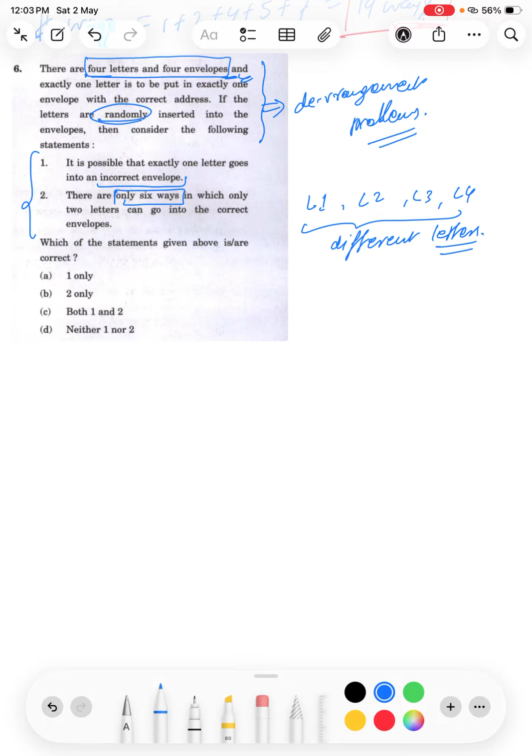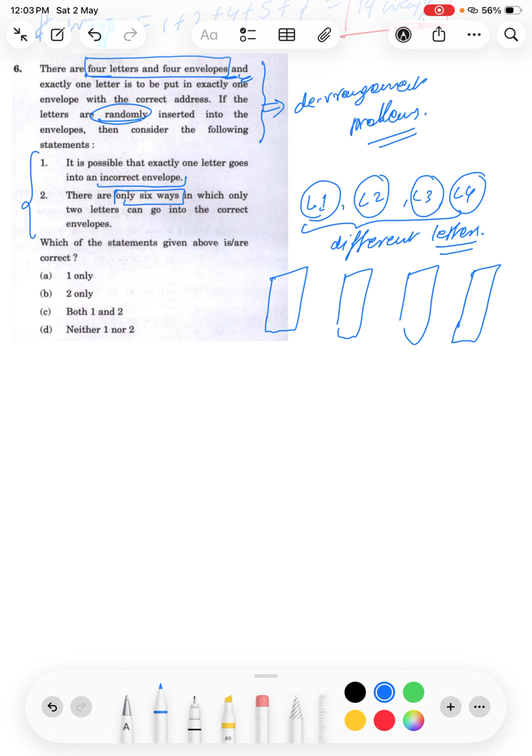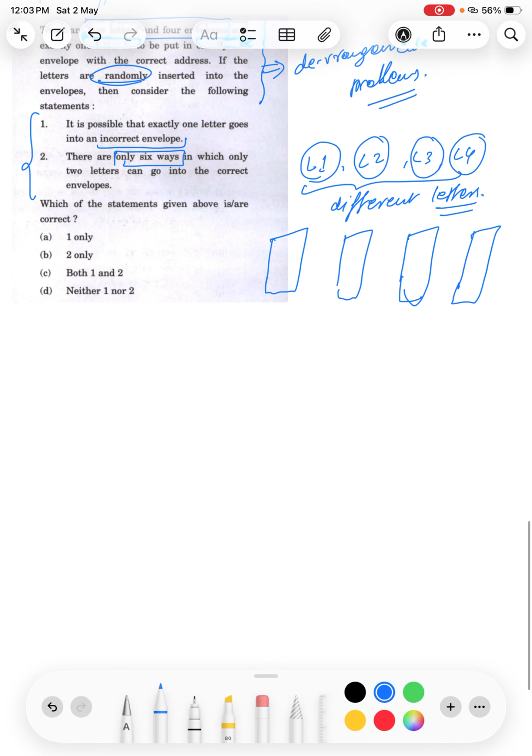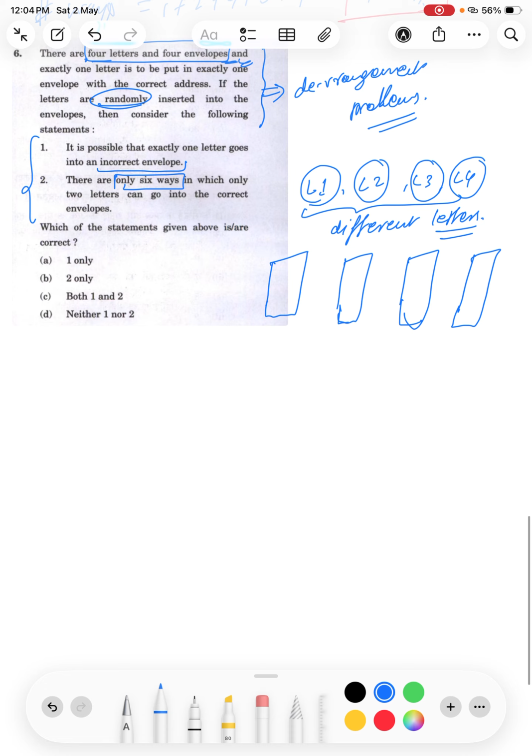You can think of personalized wedding cards as letters, and you have envelopes corresponding to each of the letters with address written on the envelopes.